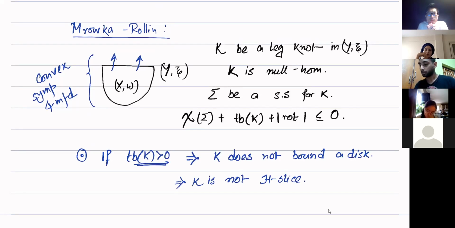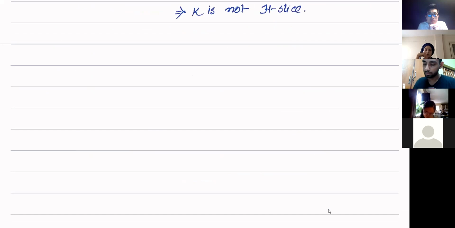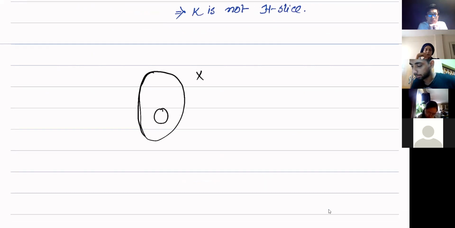Okay. So now let's talk about the context we are in. In our case, we have a closed symplectic manifold X, and now we are taking out a 4-ball. So the first problem is the following.